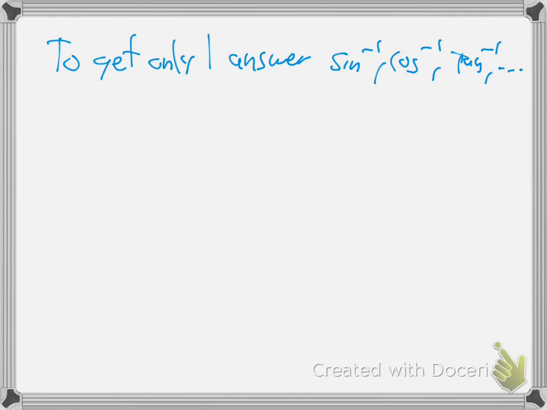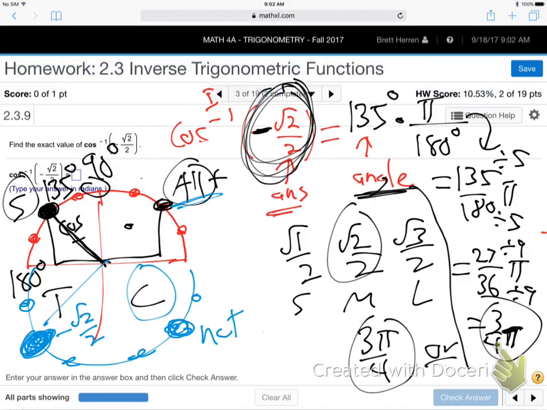Why they want only one answer is a longer story, which is probably not a good time to go into. They want only one answer because they want the functions to be 1-to-1 and some other stuff, which you can talk about in pre-calc. But to get only one answer out of the inverse trig functions, because you're right on the money, otherwise there'd be two answers. There'd be an answer here and an answer here. They're both places where the cosine is negative root 2 over 2. That's a good observation.